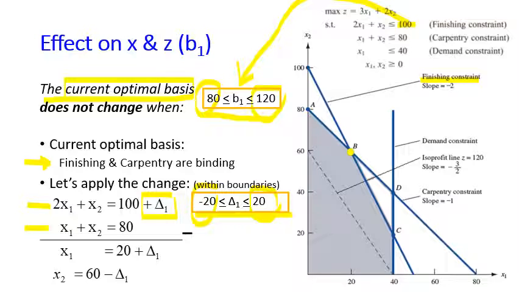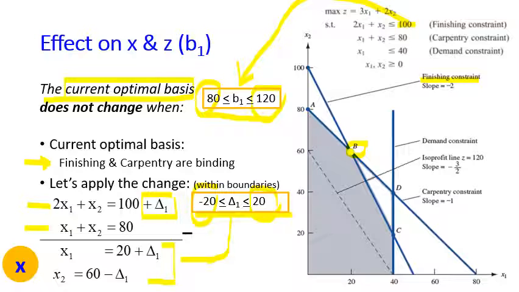Now you do the elimination and then you find out that the values of x1 and x2 look like this, okay? As long as delta is between minus 20 and 20. So those are the values of x. Of course, if delta 1 equals 0, you will get x1 equal 20, x2 equals 60, which is the point B in our current solution.